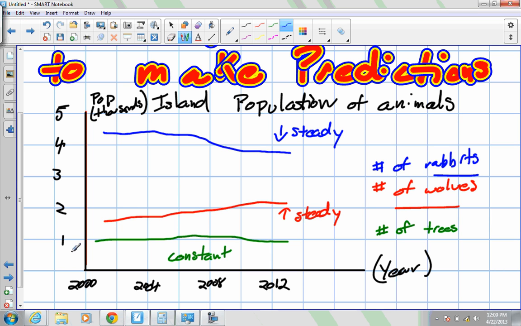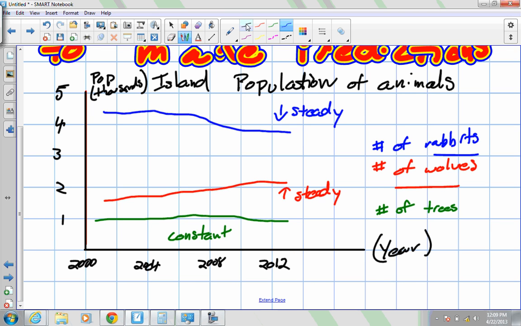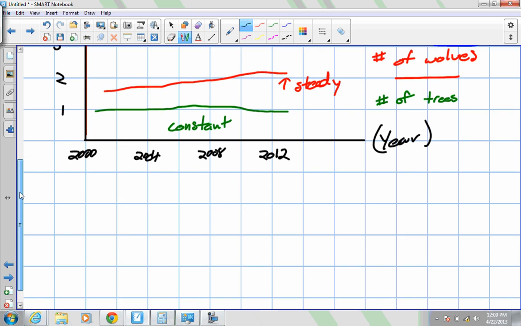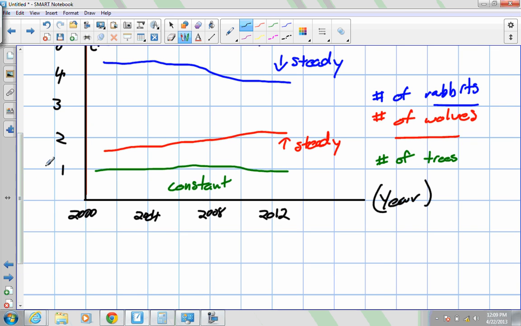Now, let's say you're a biologist here, and I needed you guys to make a prediction about this island in the coming years, maybe in the year 2014, 2020, and then again in 2024. So I'm going to extend this graph. Each of these sections represents 2 years.